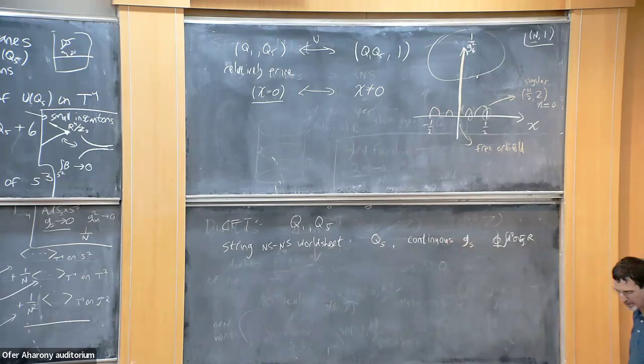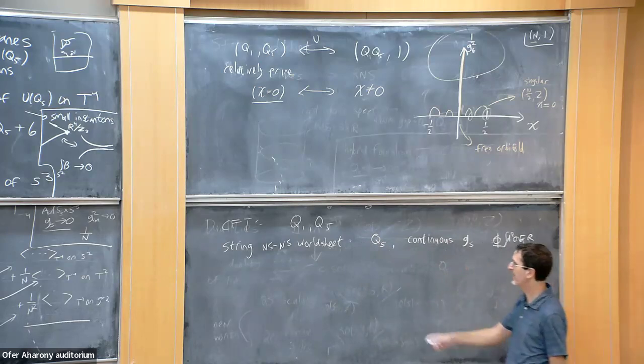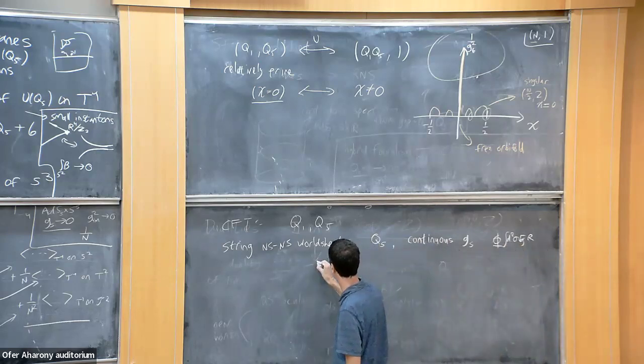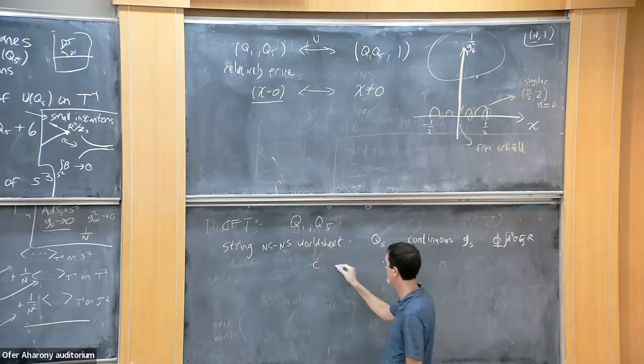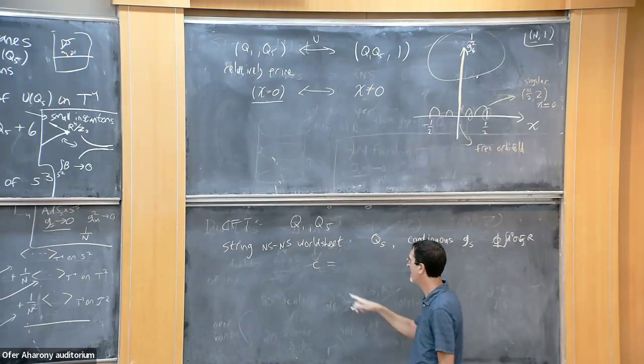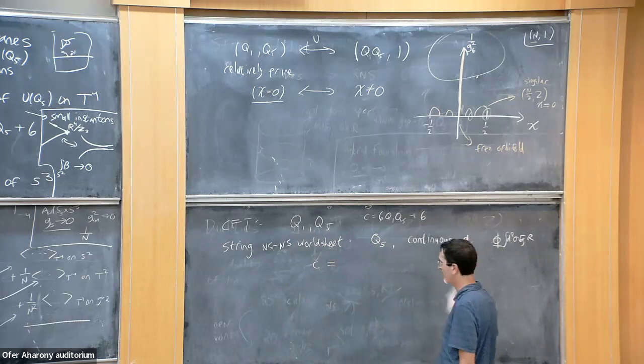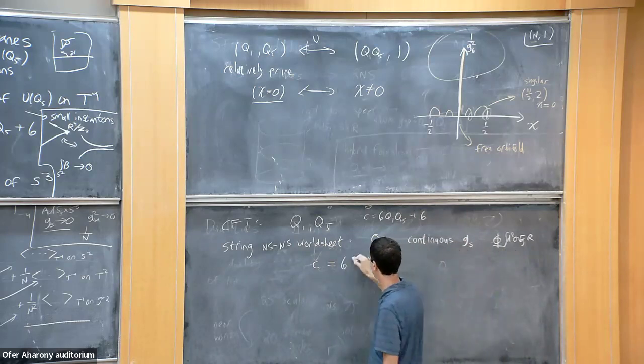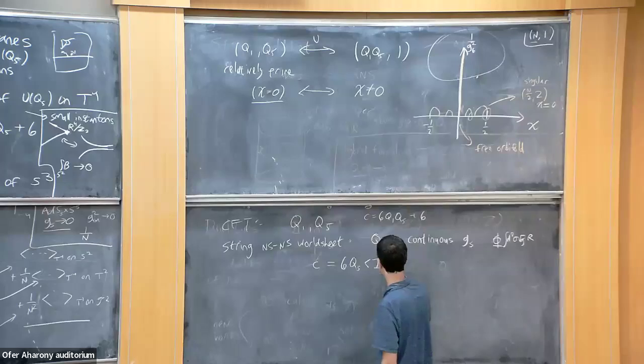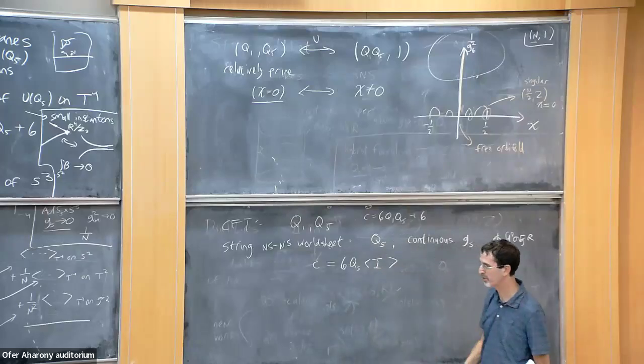That can be made more precise by trying to compute on the CFT side the central charge of the spacetime CFT, say by looking at the two-point function of energy momentum tensors. On the CFT side we saw that the central charge was 6Q1Q5 plus a higher order correction. Here we find that it's given by 6Q5 times the expectation value of some operator, but that expectation value is not just a fixed number.